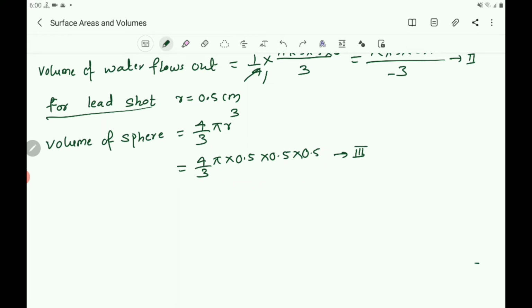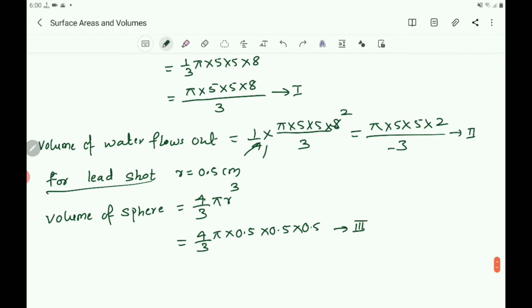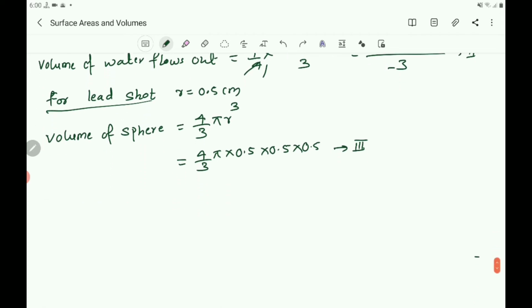Next, here you got the volume of the water that flows out, and also you got the volume of the lead shot, and the number of lead shots dropped.